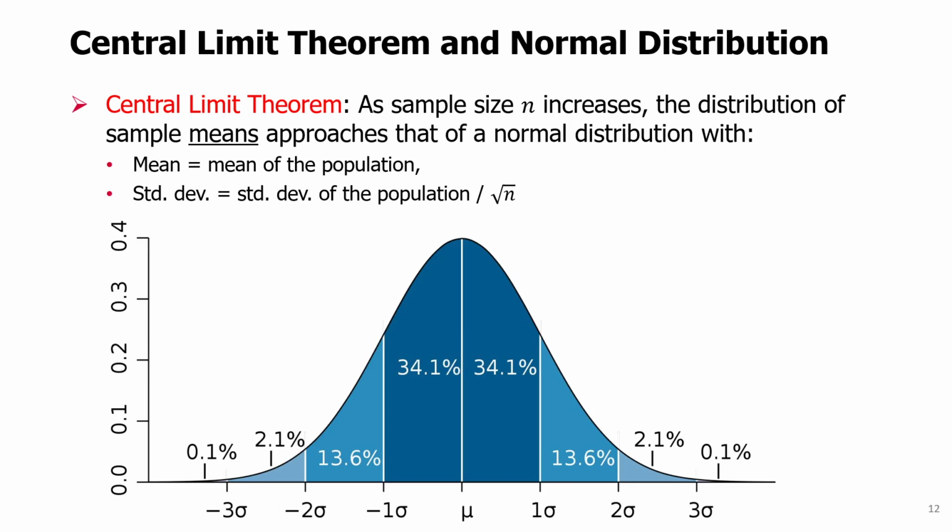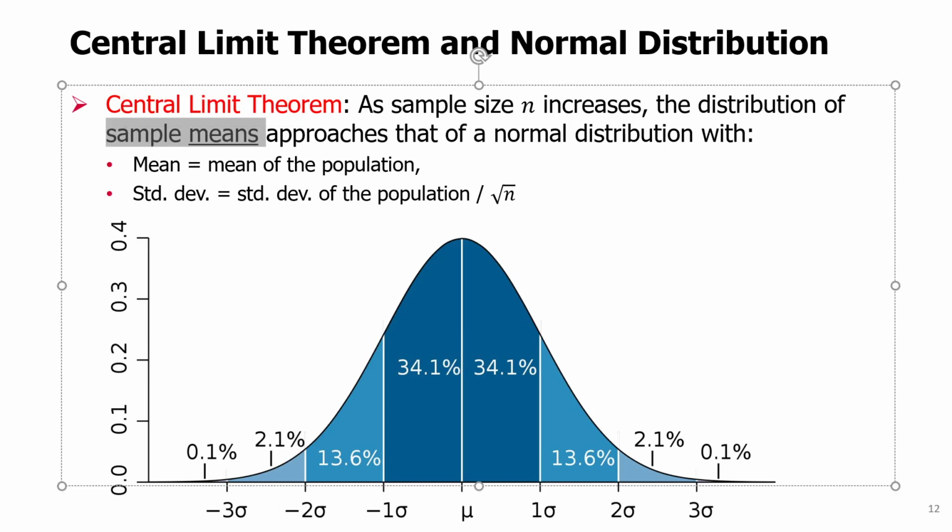we do not want to be bothered with all kinds of random distributions of processes that we have, and we can actually avoid thinking about those distributions if we just take sample means, and then if the sample size is large enough, we can just assume that those means have normal distribution, and then we can work with them.